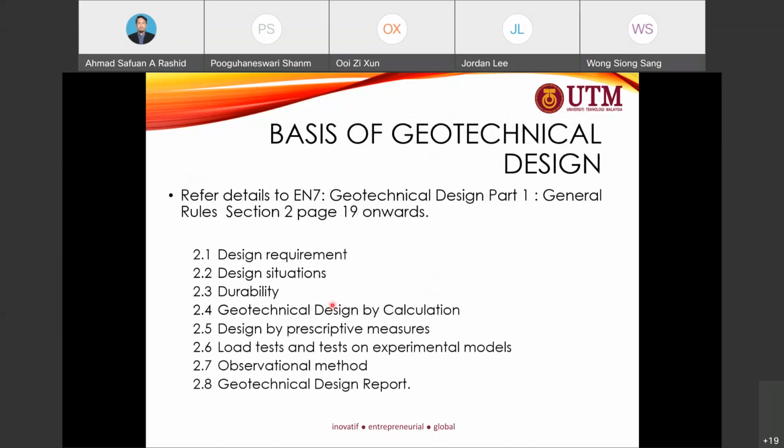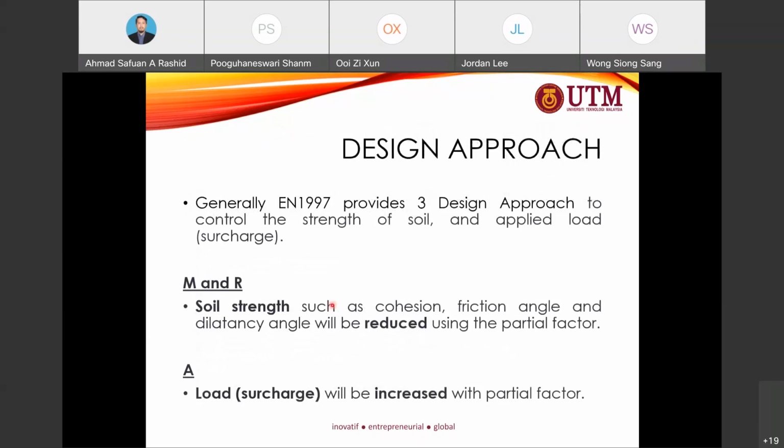Basis of geotechnical design, refer for detail to the Eurocode: general, design requirements, design situations, durability, geotechnical design by calculation, design by prescriptive measures, load tests and tests on experimental models, observational method, geotechnical design report. So we look at the design approach.